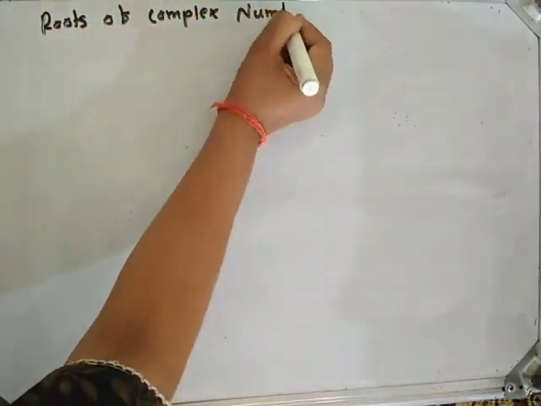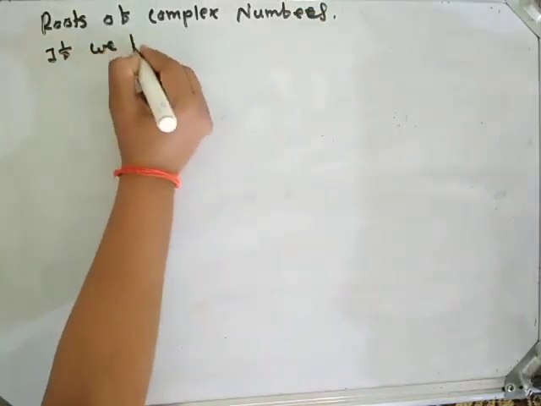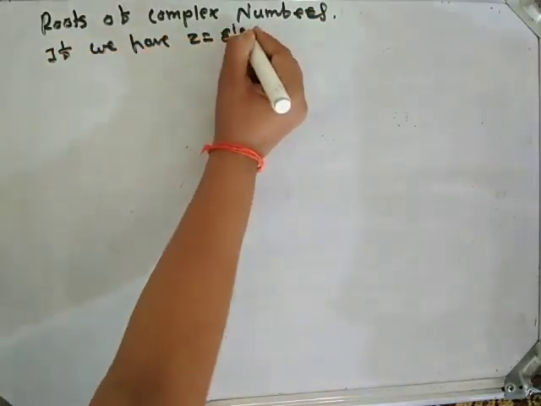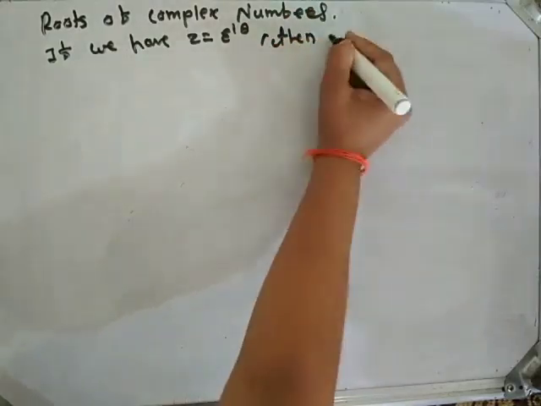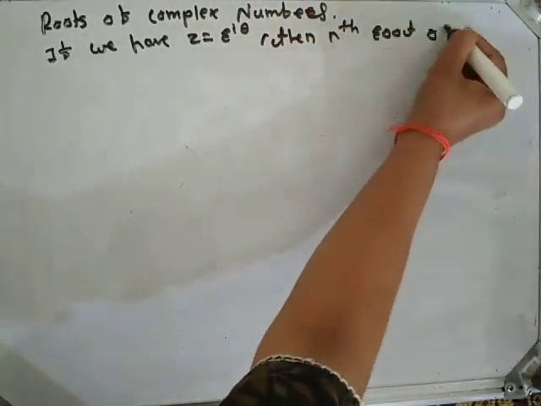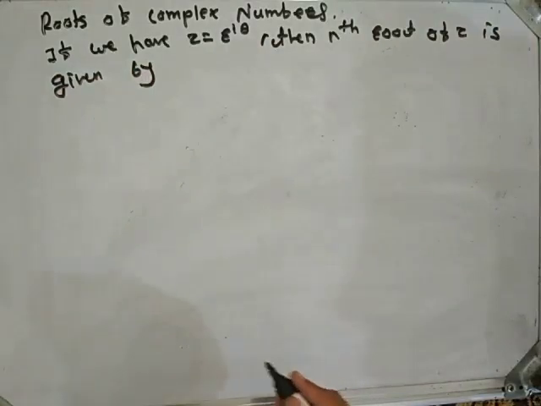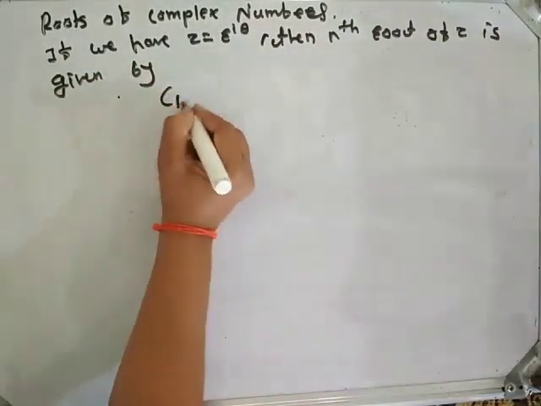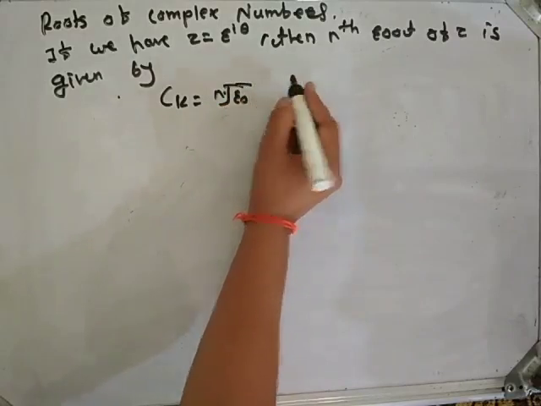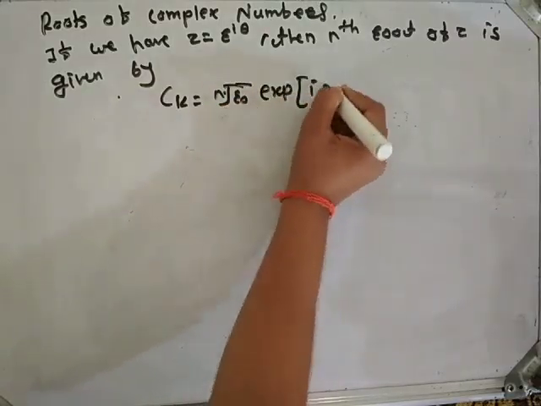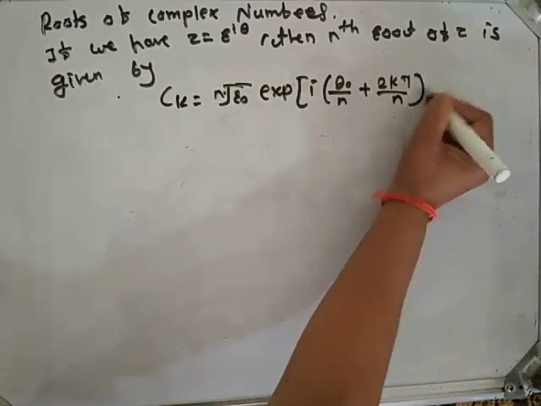If we have z equals r e raised to i theta, then the nth root of z is given by c_k equals nth root of r_0 exponential of i (theta_0 upon n plus 2k pi upon n).